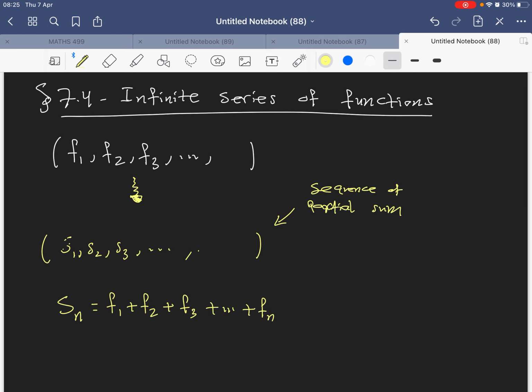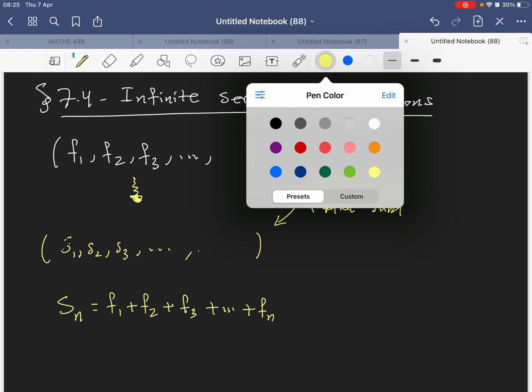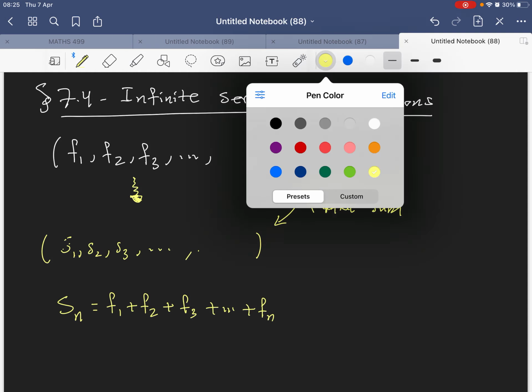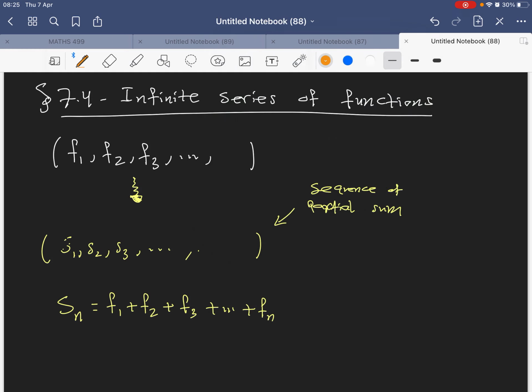Okay, and I will be interested in studying not the limit of the original sequence. I'm interested in studying the limit of the sequence of partial sums, which I will denote by the orange color, which is f.